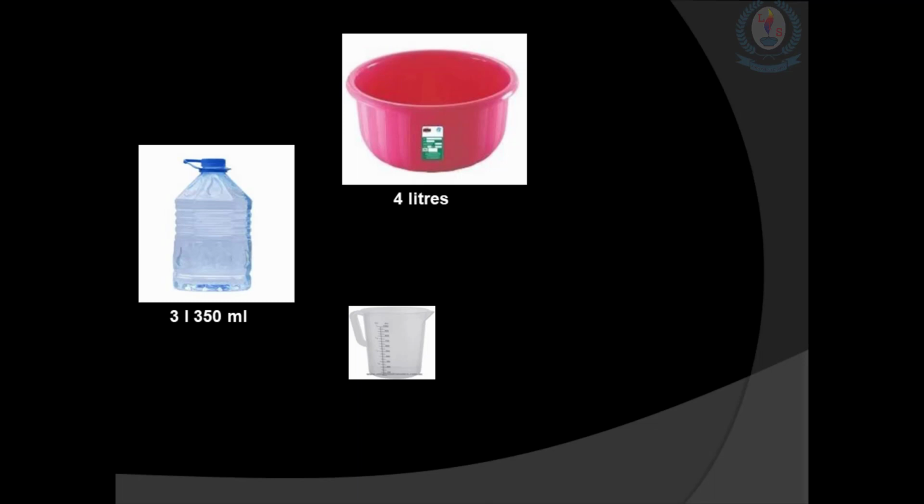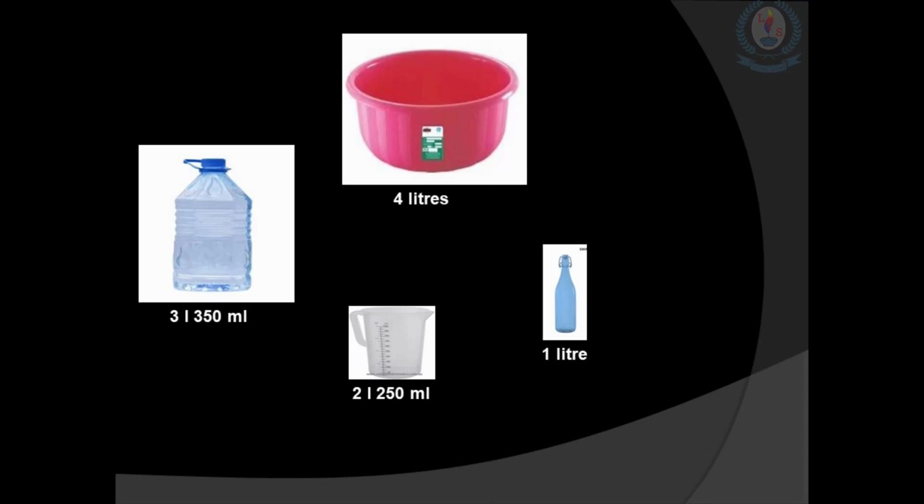The jug has a capacity of 2 liters, 250 milliliters. This bottle has a capacity of 1 liter. There are 4 capacities: 4 liters, 3 liters and 350 milliliters, 2 liters and 250 milliliters, 1 liter.